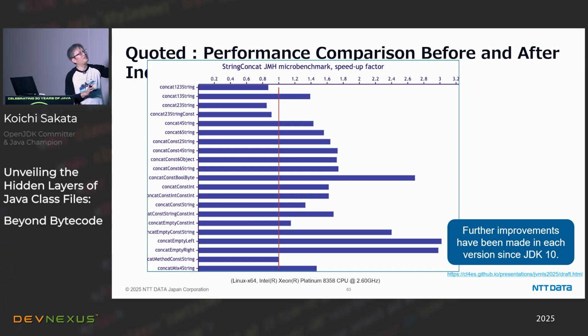Longer is faster. However, concatenating 123 strings or similar cases can show substantial increases. Despite this, improvements have continued in versions from JDK 10 onwards.